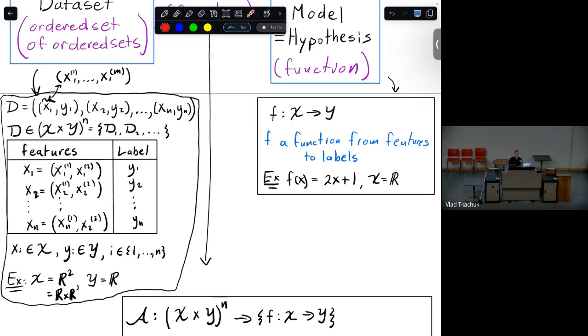And maybe to build up on that, we're going to make an extra assumption, which is that we're going to give these ordered sets, these features, some extra structure, and we're going to call them vectors. All that a vector is, and I'm going to go over this, is just an ordered set with the ability to add these ordered sets together and multiply them by a scalar.